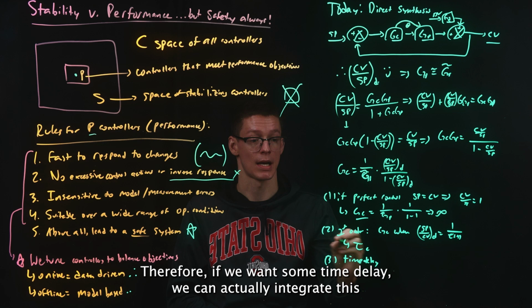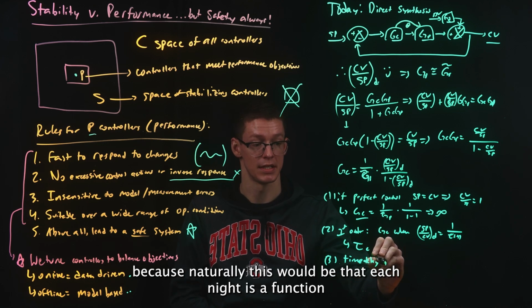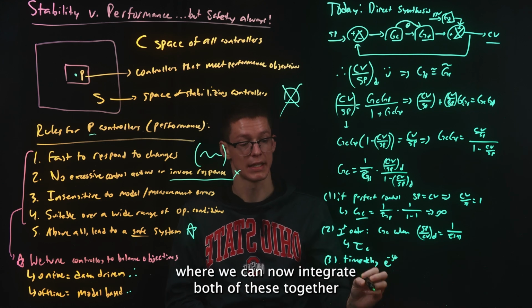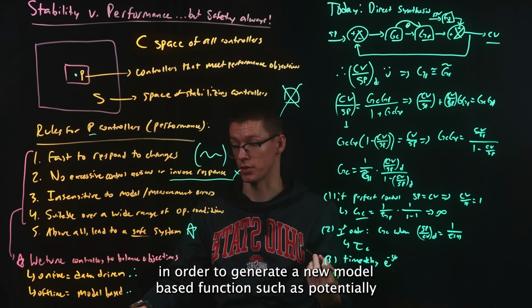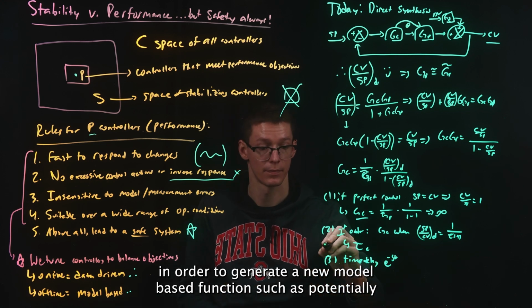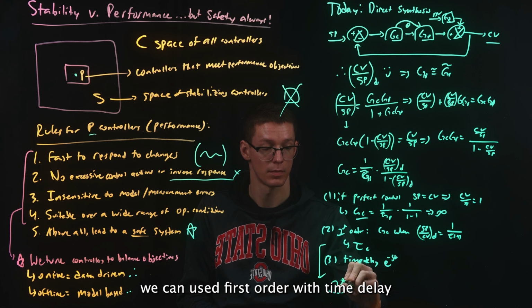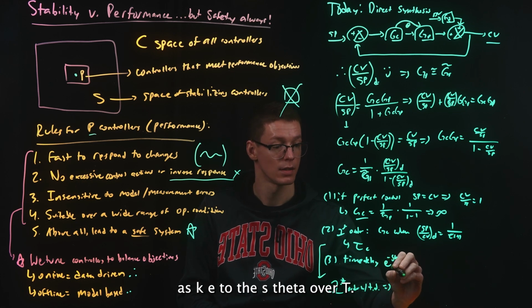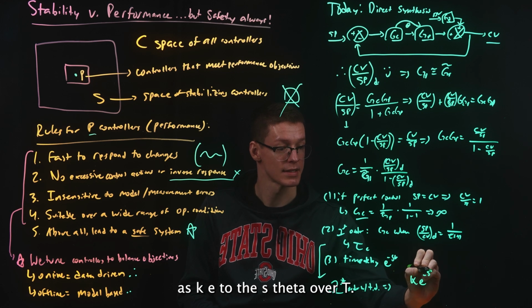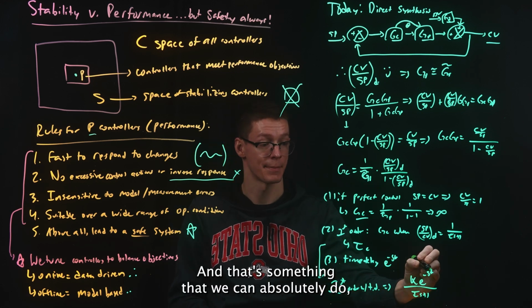Therefore, if we want some time delay, we can actually integrate this, because naturally this would be that e to the minus s function, where we can now integrate both of these together in order to generate a new model-based function, such as potentially we can use first order with time delay as k e to the s theta over ts plus 1. And that's something that we can absolutely do.